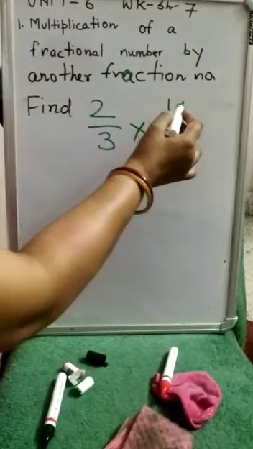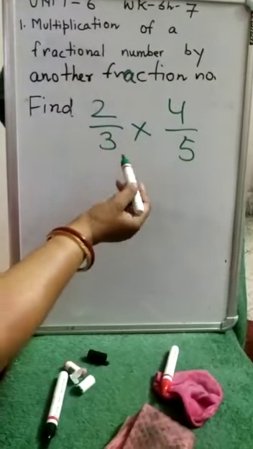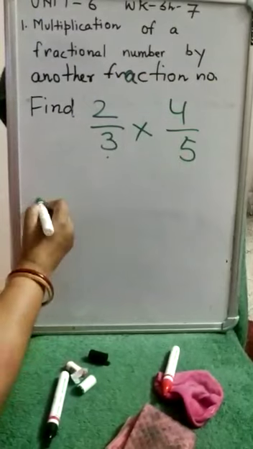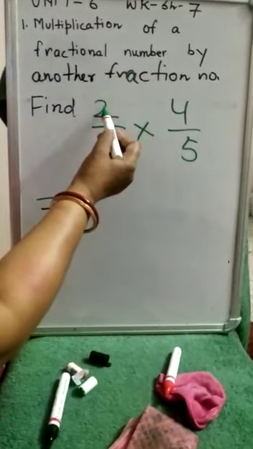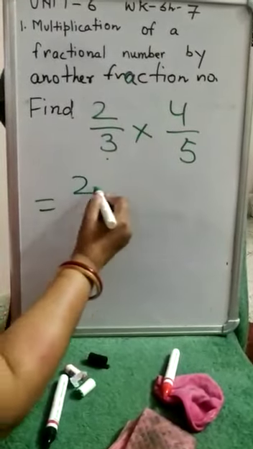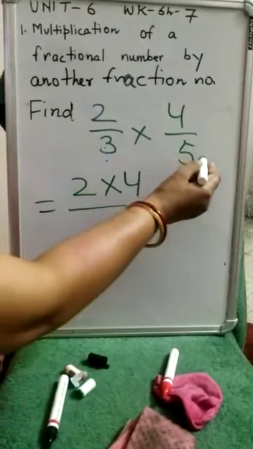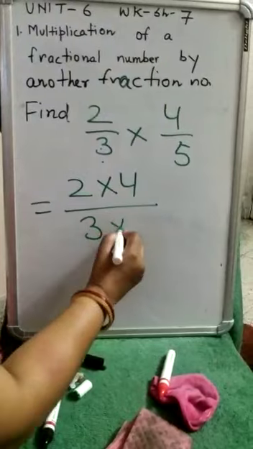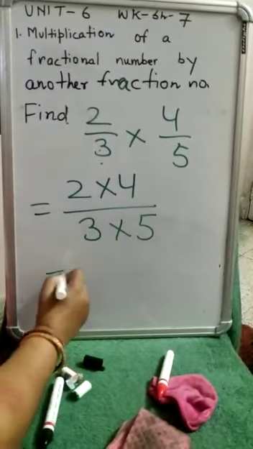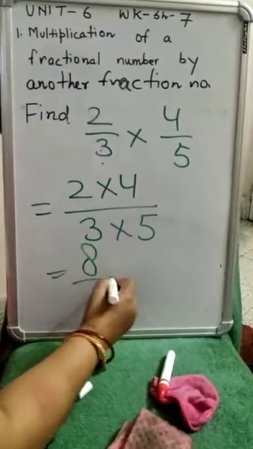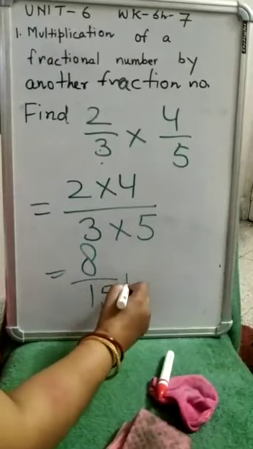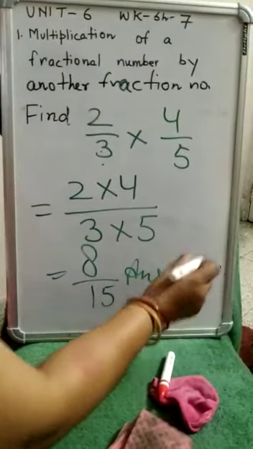Here numerator will be multiplied with the numerator separately and denominator will be multiplied by the denominator separately. So 2 is the numerator, 4 is the numerator. So 2 will be multiplied by 4 separately, divided by 3 is the denominator, 5 is the denominator, 3 will be multiplied by 5 separately. So 2 4s are 8 by 3 5s are 15. This is the answer. Correct?